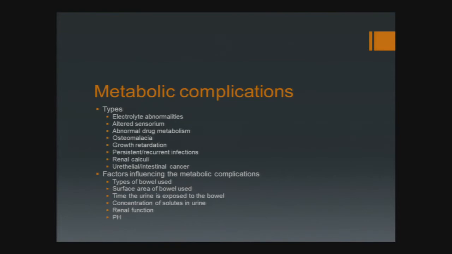So for the most part, it's safe to say that the pouches have a higher metabolic complication rate than the diversions like the conduits. So there's some electrolyte abnormalities, and we'll get a little bit more in depth on those in a minute.